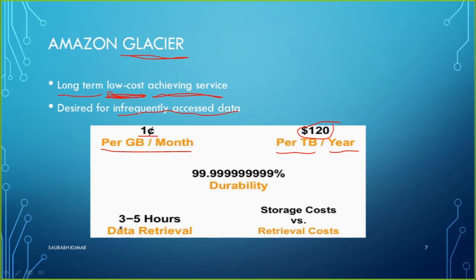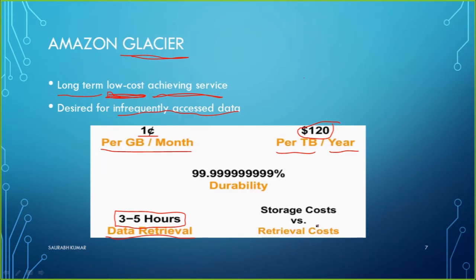It gives you a bit of a long data retrieval time because it is Glacier. Here you are keeping your old data, the storage which you want to retrieve very infrequently, so it has a long data retrieval time. Sometimes it can be in hours, or sometimes 12 hours or 24 hours, depending on the condition.